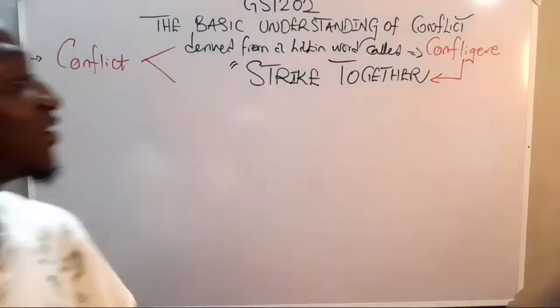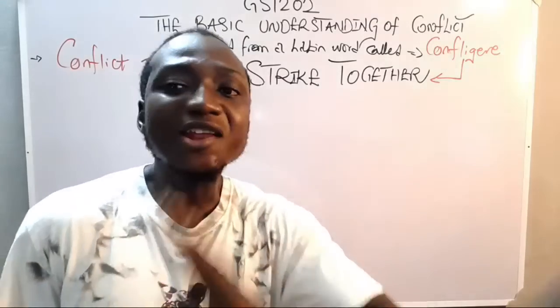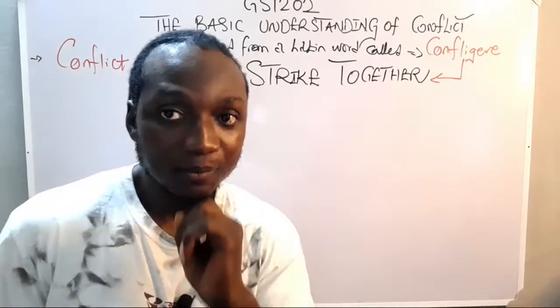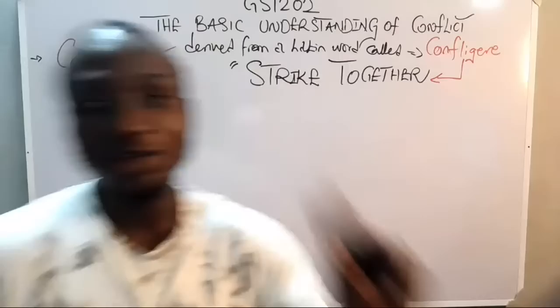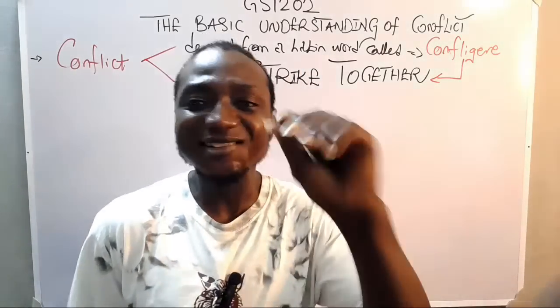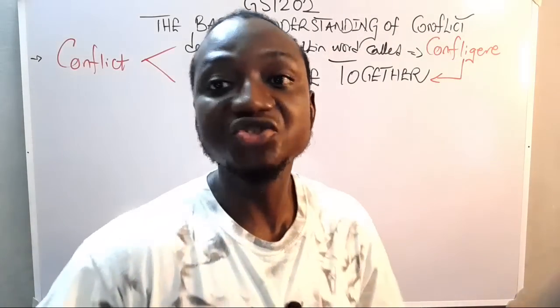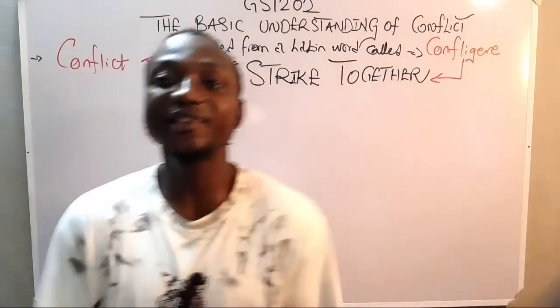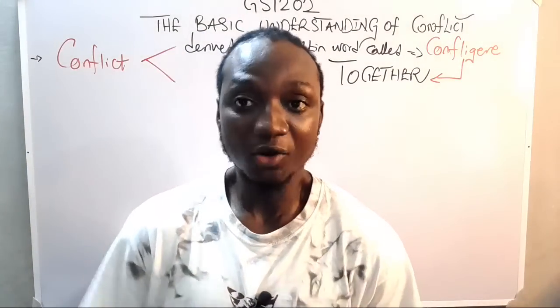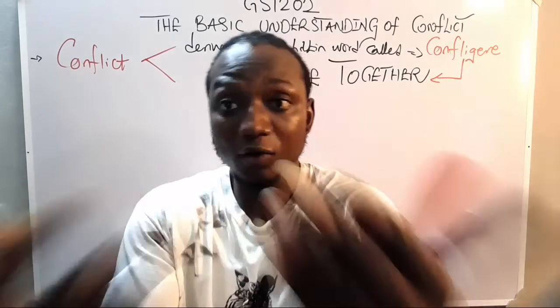Now, this explains something: when it comes to conflict, there have to be two elements or entities involved. I'm aware we have intra, the conflict within. Speaking of the types of conflict, we have conflict within and we have conflict without.